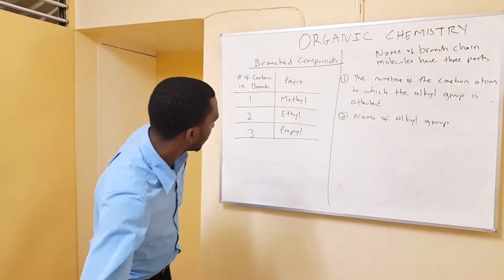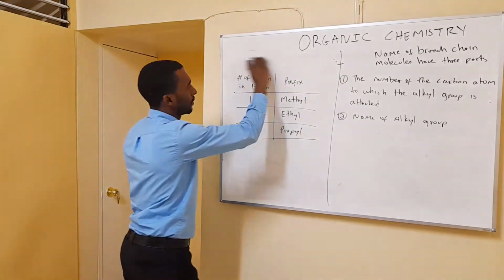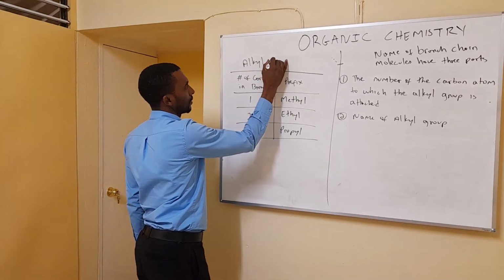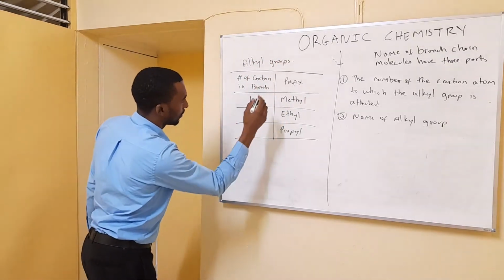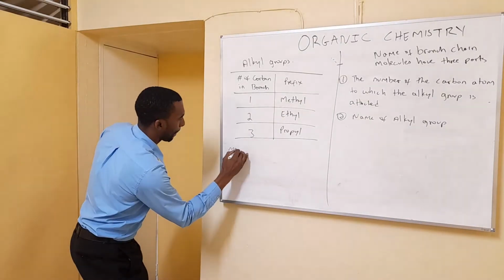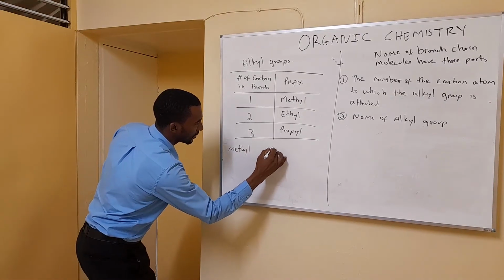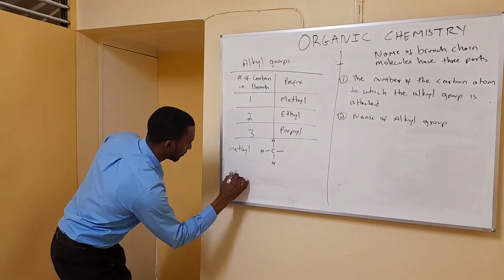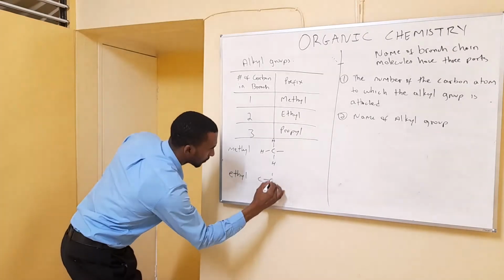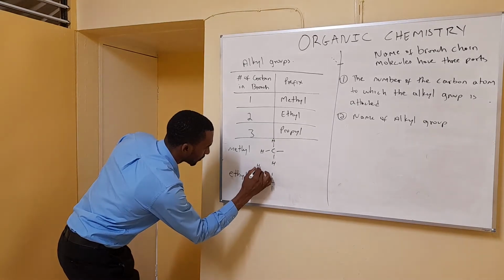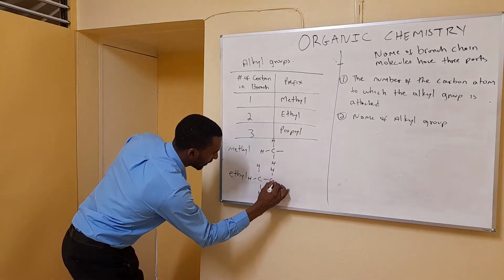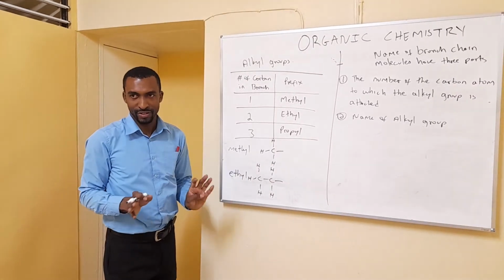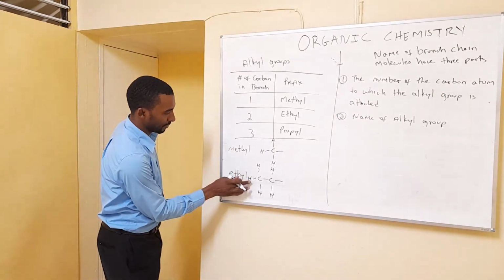So 1 carbon atom, so methyl will be C. So remember, when I have it like this, you can see I did not put the 4th carbon here because that should be attached to something else. It's straight chain. Here, example of this.